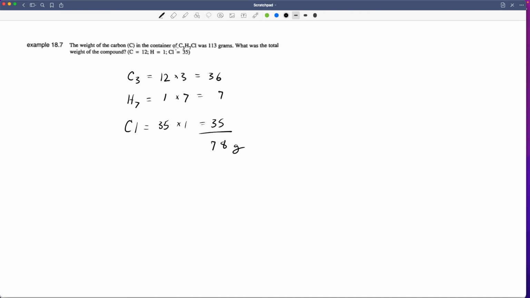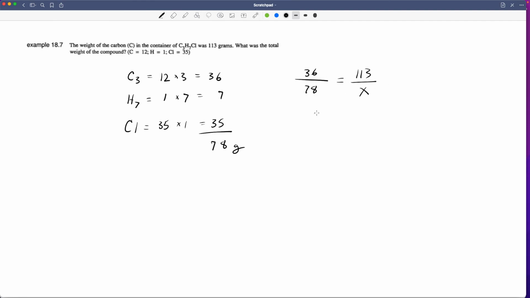So the weight of the carbon in the container was 113 grams. What was the total weight of the compound? So we know that we have 36 out of 78, right, is the ratio of the carbon to the compound. So 36 over 78 is going to equal 113 over some number, the total.